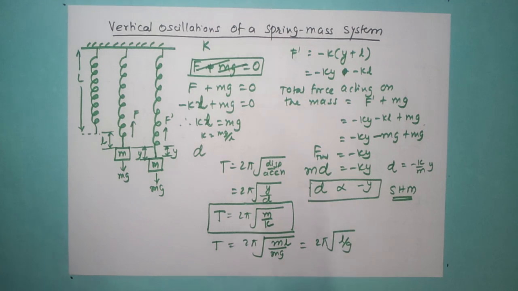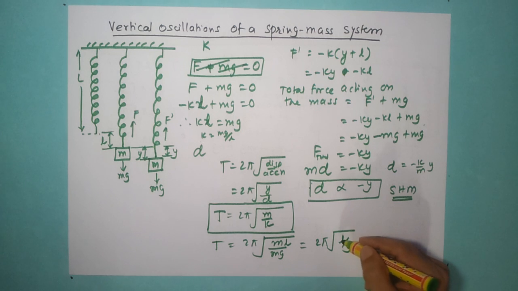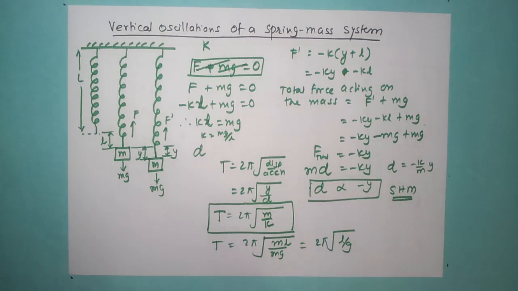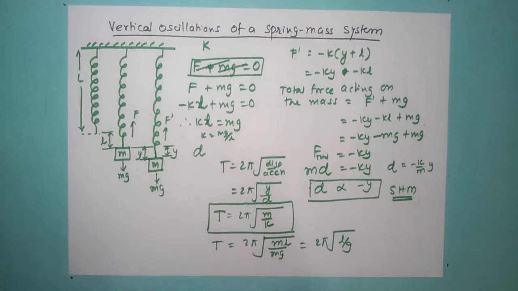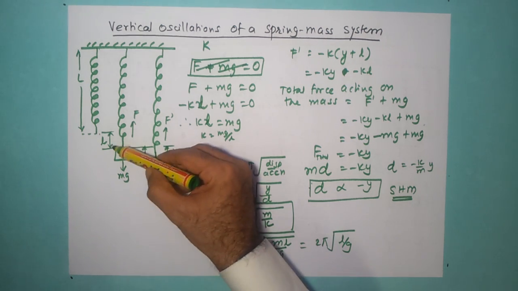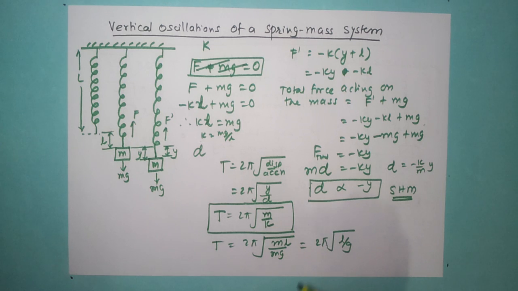And this equation looks very similar to the equation that we had for the simple pendulum. In the simple pendulum, this L represents the effective length of the pendulum, whereas here L represents the elongation of the spring when mass m is attached. So if I know the elongation L in the spring, I can find out the time period of a given spring by using vertical oscillations.